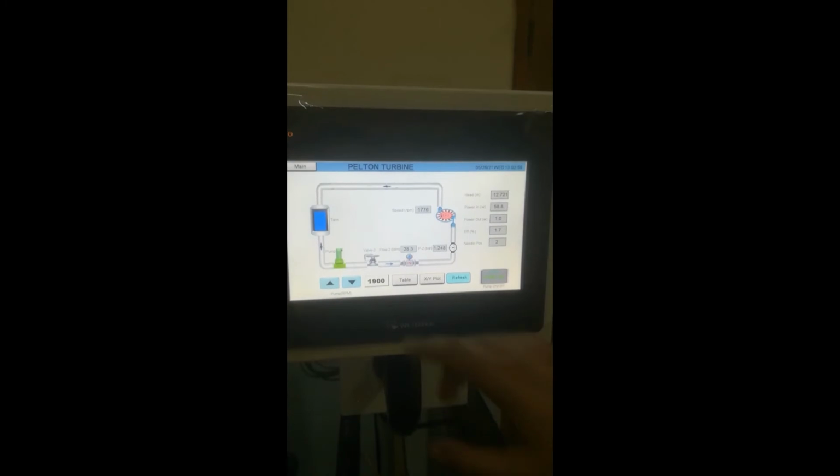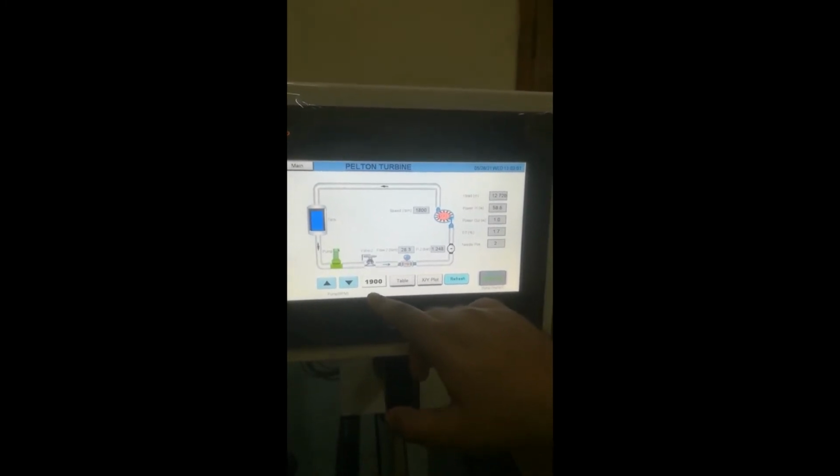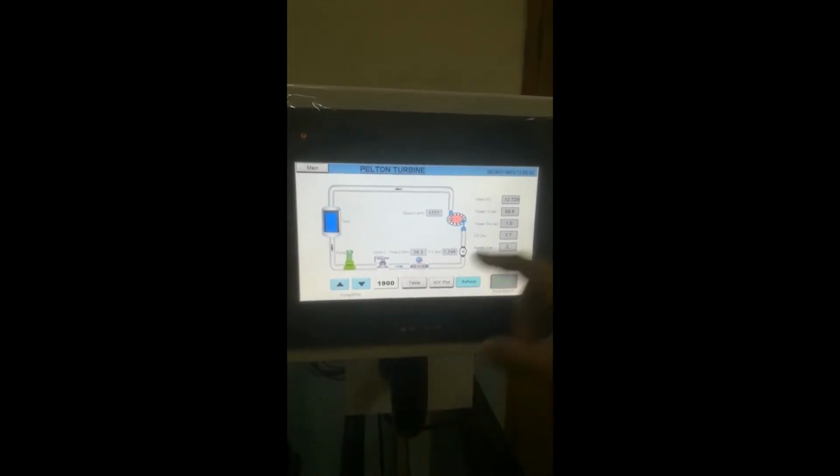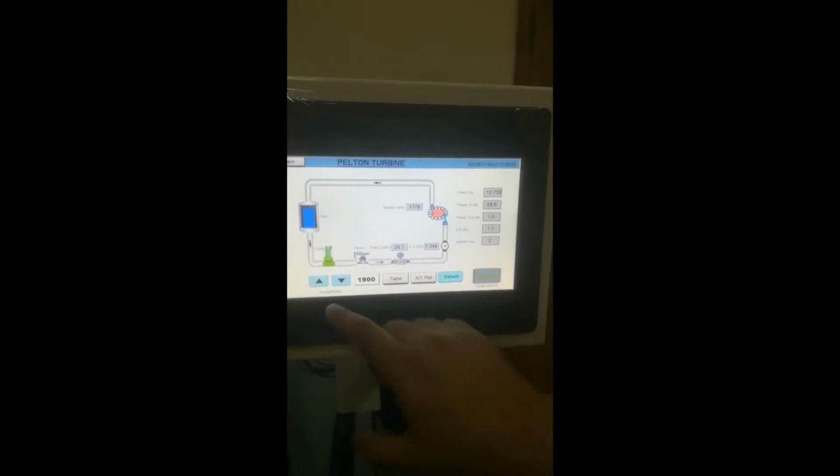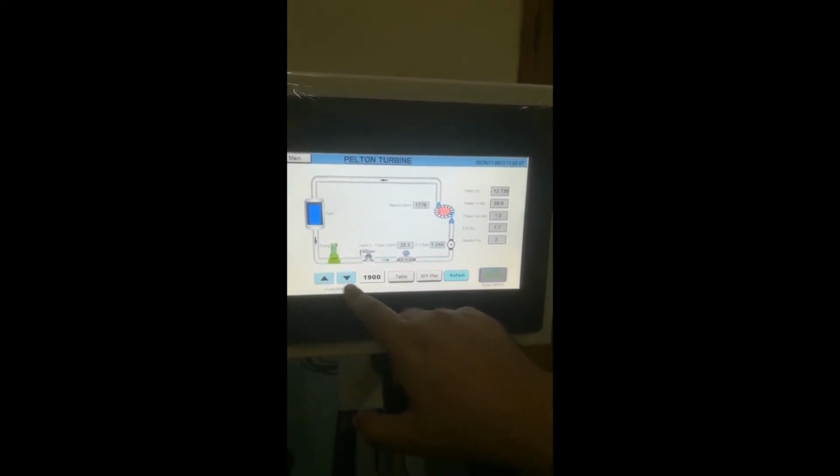Now we will increase 100 RPM. The readings are quite stable. Now I am increasing the pump RPM.